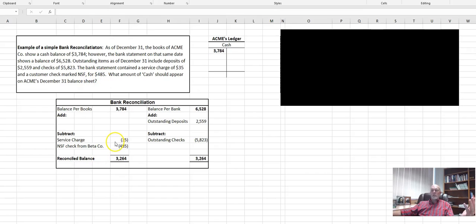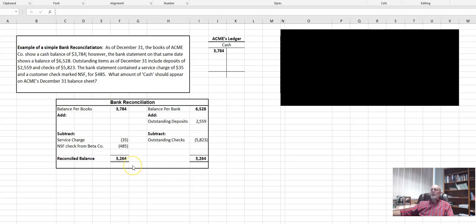The service charge is simply a $35 charge that the bank is charging us for the month. And then this bad customer check, remember we had made a deposit, we had added that to our balance, and now that check comes back to us because it's not any good. So we're going to subtract that back out. And so when we bring all these, both of these balances forward, the reconciled balance is $32.64.